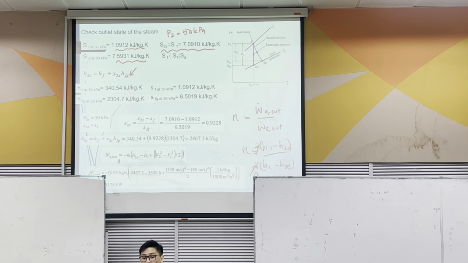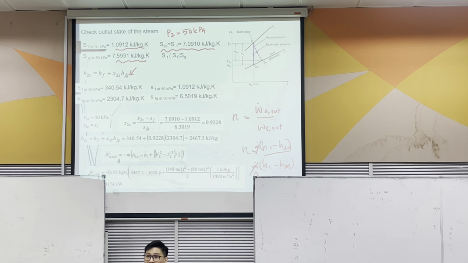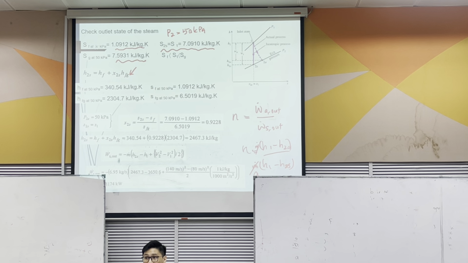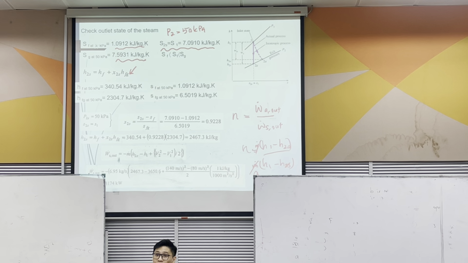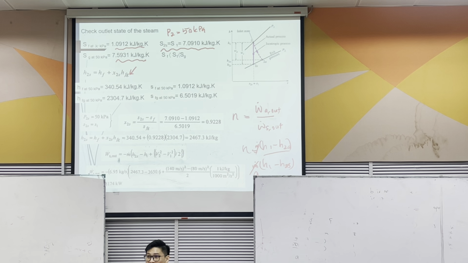As you can see here, 140 square minus 80 square, then you divide by 1000. Once you divide by 1000, the value will drop a lot. Which is again the main reason why we always ignore KE, even if there are some changes there.